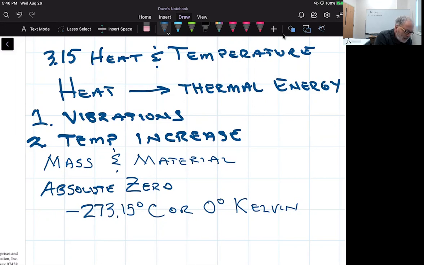He gives us an example: if we were to supply 100 kilojoules of heat energy to a kilogram of water, the temperature would rise by 24 degrees Celsius. If we supplied that same amount of heat, 100 kilojoules, to a kilogram of copper, its temperature would rise by 263 degrees centigrade.